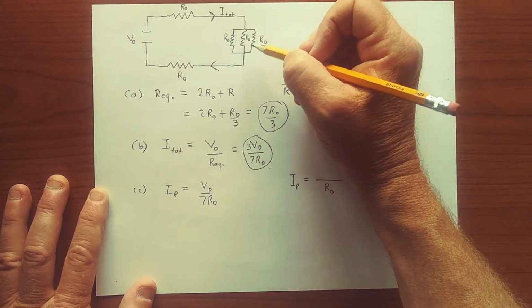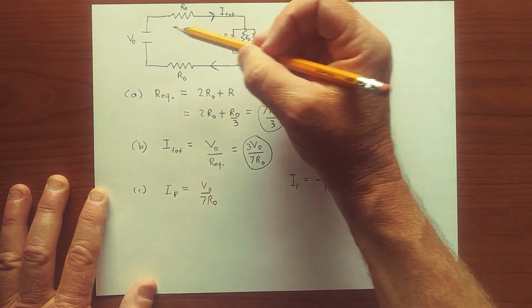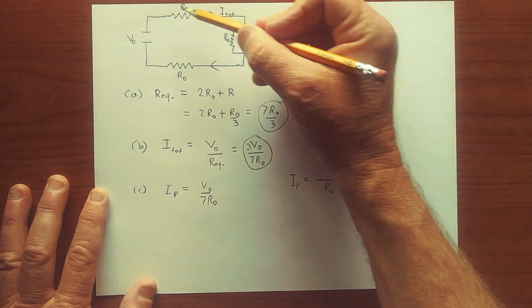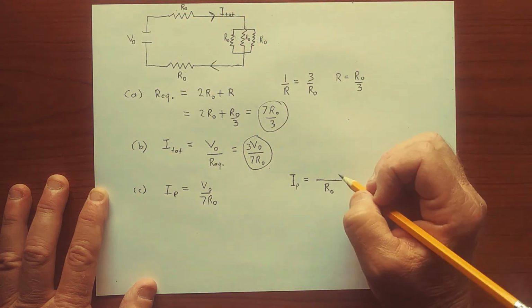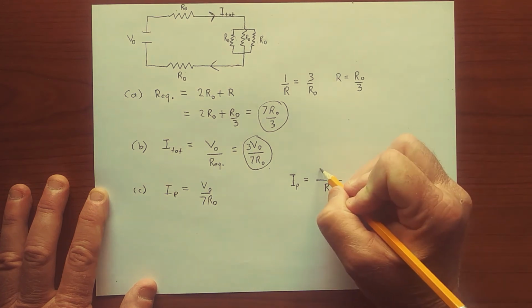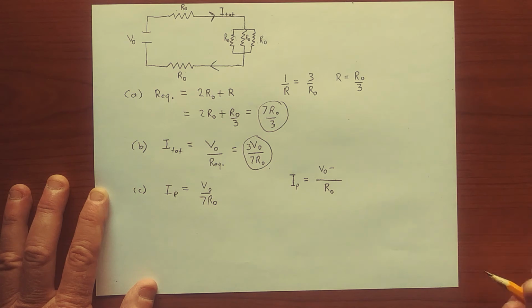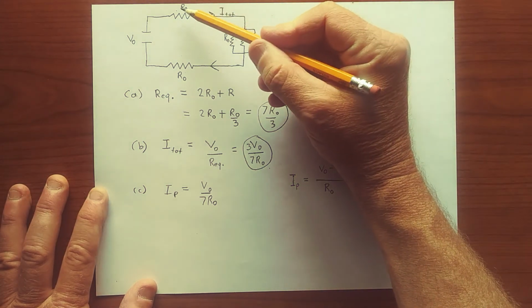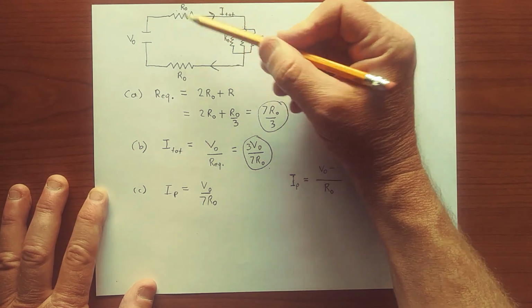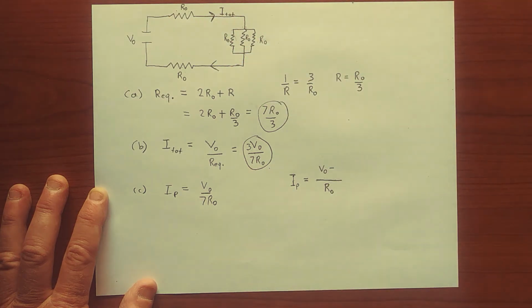Well, it must be the same, and it must be V0 minus the voltage across these two. So it's V0 minus twice the voltage across this one, because the voltage across this one and across this one must be the same.